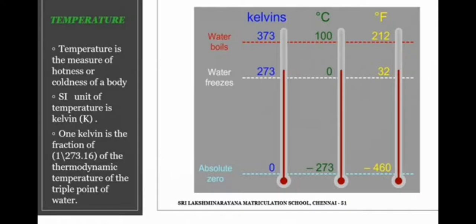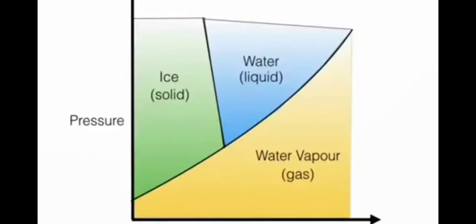Let's see what is the triple point. Consider temperature with pressure graph for water. The water exhibits in three states, that is solid, liquid and gaseous. Three curves for it, but note down one point where all three curves meet.